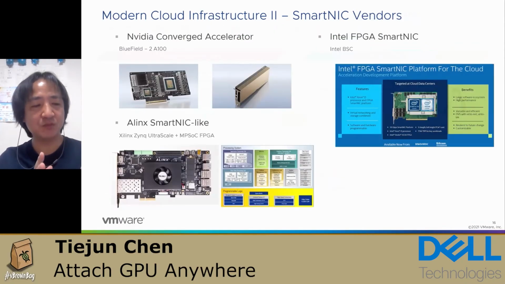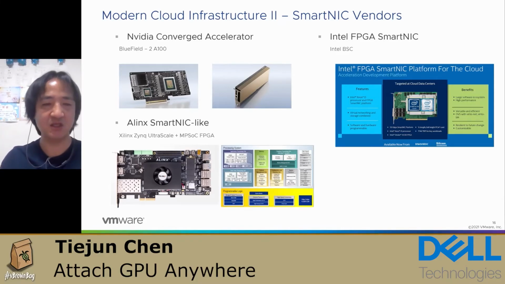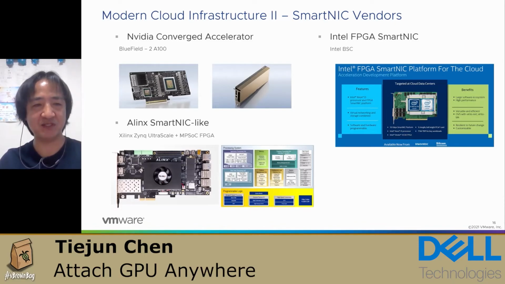So at first, I want to mention some new SmartNICs, like the NVIDIA Converged Accelerator. It brings together the power of the NVIDIA GPU A100 and the traditional DPU BlueField-2. For that FPGA, someone puts an FPGA into this PCIe card. Here is one example. They put an Intel Arria 10 and Stratix FPGA into this PCIe card.